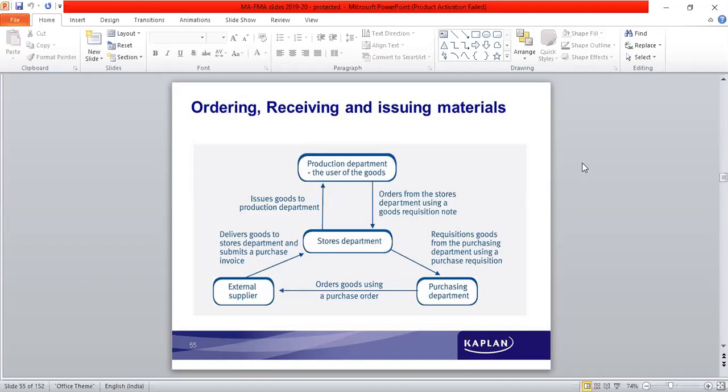So the business places an order. Specifically, a purchasing department places an order with the supplier. First they ask them to submit the quotation. From among the quotations submitted by the suppliers, one supplier is selected, and the order is placed with the supplier.